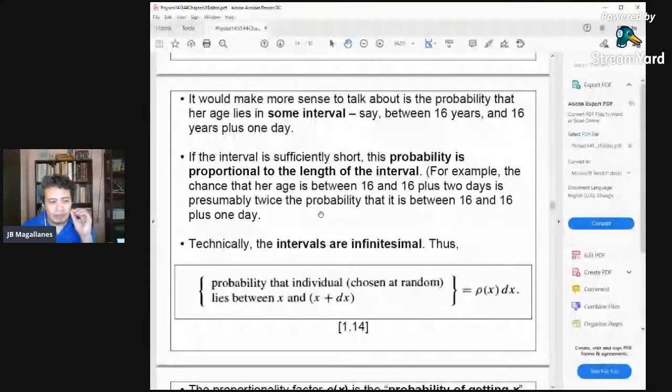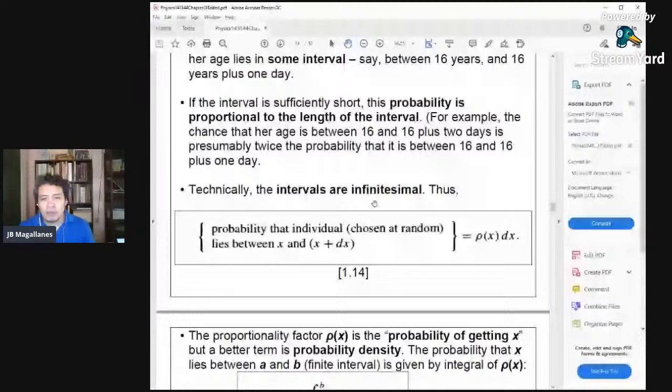But in quantum mechanical scenarios, which are very small, the intervals are infinitesimal, very, very small. So the probability that a particle or a person or an individual chosen at random lies between x and x plus dx, this one is very small, is equal to some function rho of x times dx.